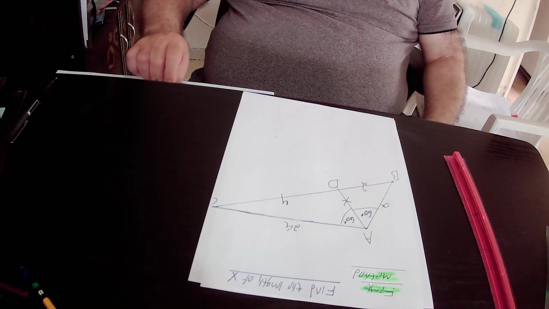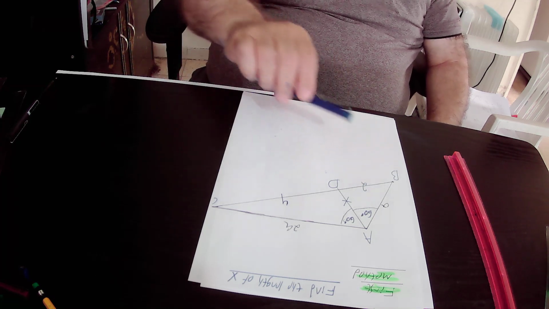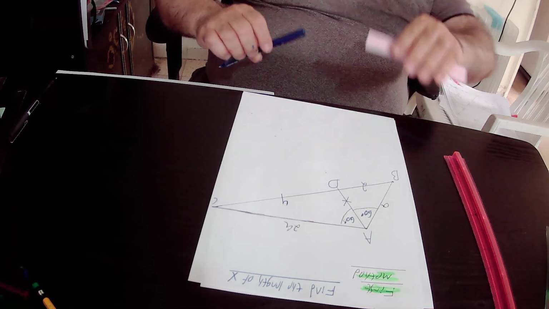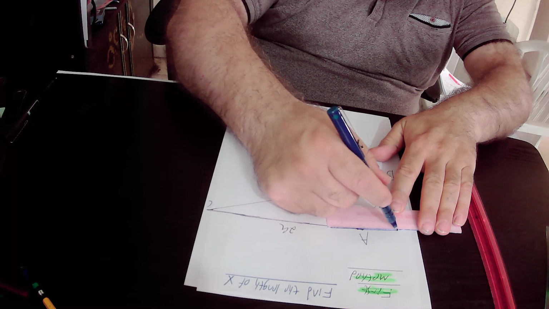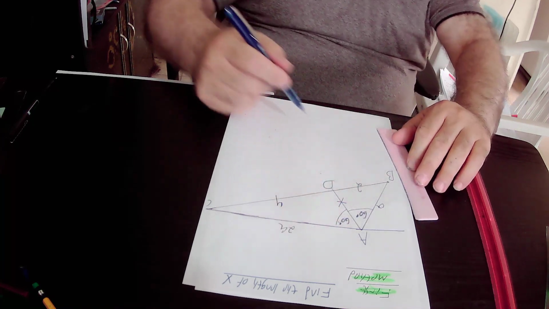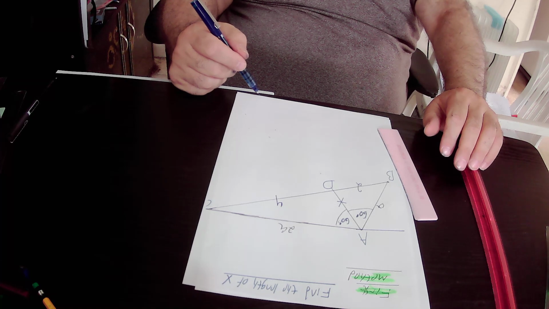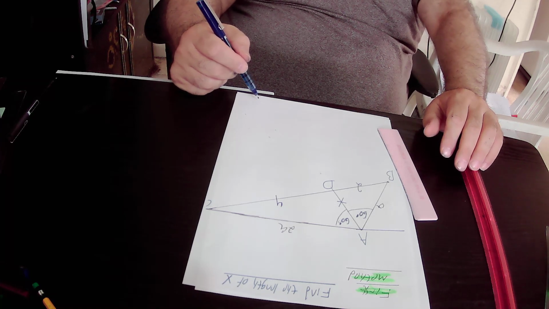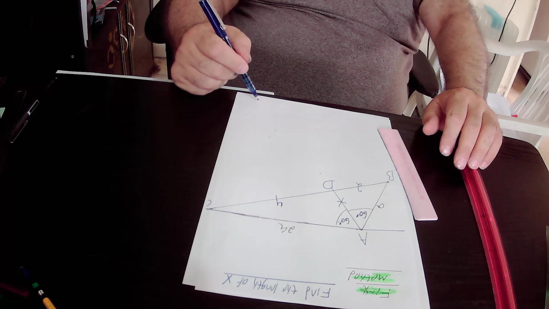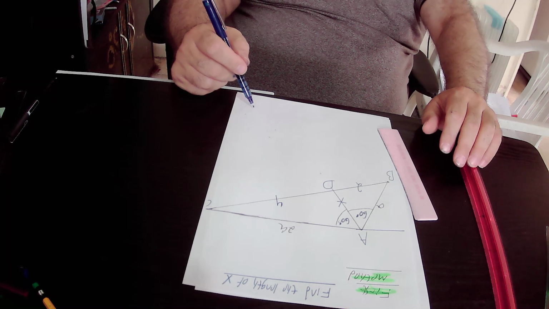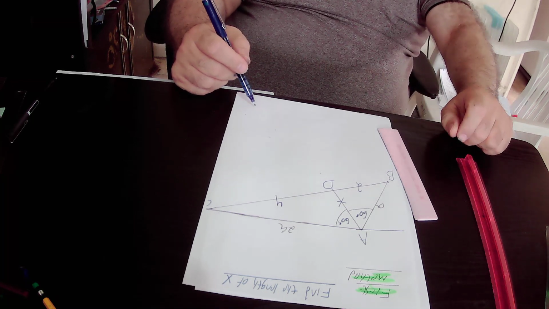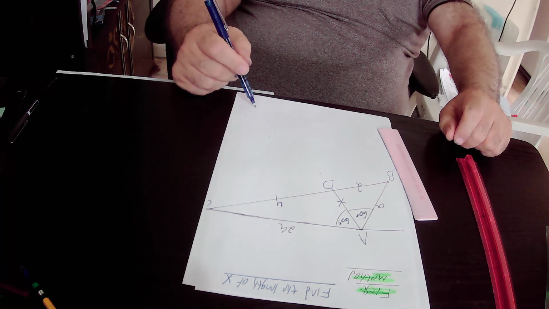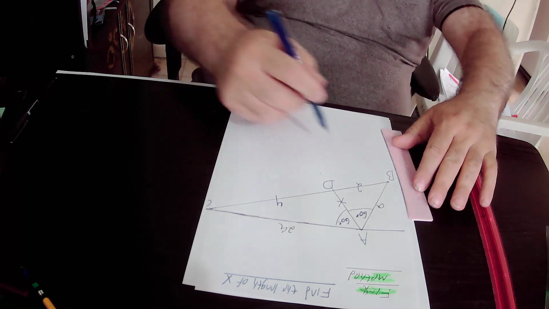We will extend line segment CA by a straight line, and then from point B we will draw a perpendicular to the extended line segment CA.